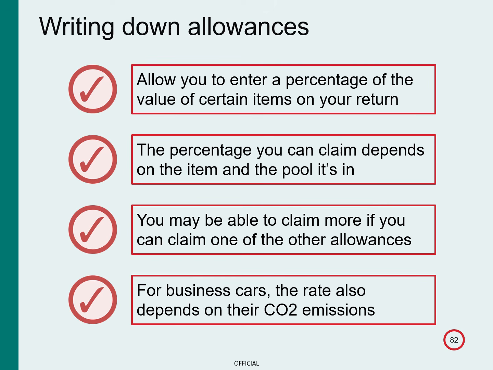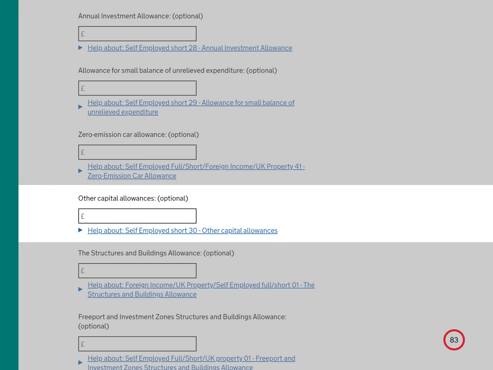For example, annual investment allowance, 100% first-year allowances, or temporary first-year allowance. For business cars, the rate also depends on their CO2 emissions. Writing down allowances are entered in the Other Capital Allowances box.